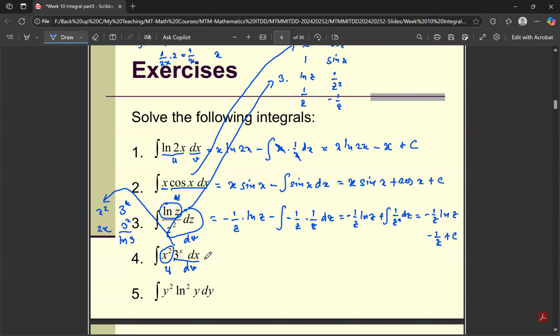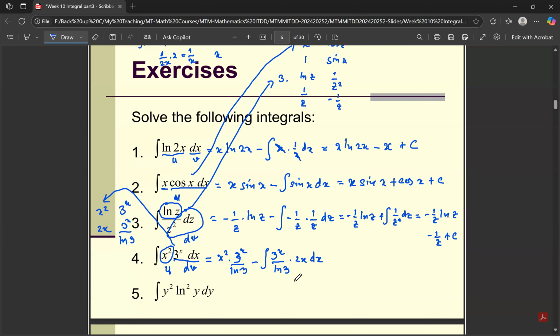So we have x squared times 3^x divided by ln 3 minus the integral of 3^x divided by ln 3 multiplied by 2x dx.